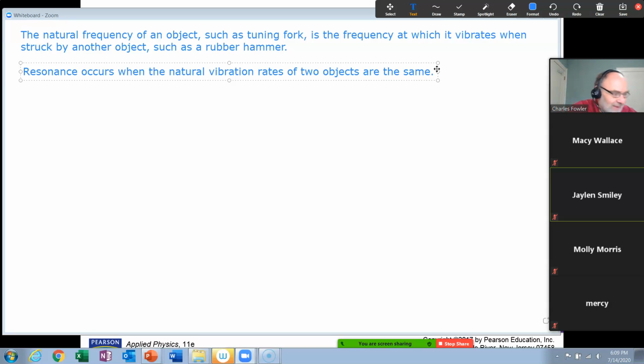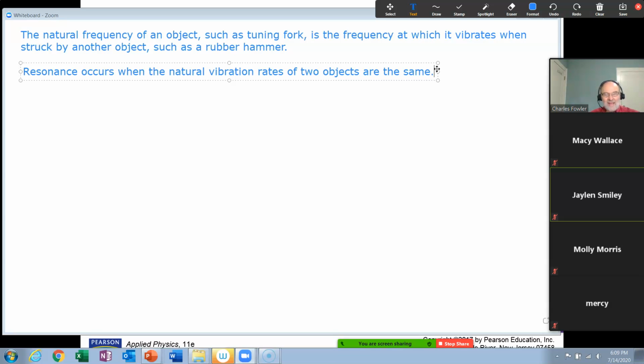Now, what do we mean by that? Well, this is what they mean by tuning a musical instrument. If you have say a middle C, you're trying to do that on the piano. Now, I don't do it. Someone who knows how to tune a piano would do it.